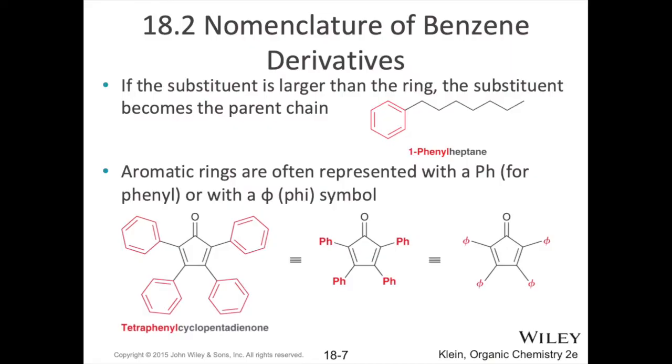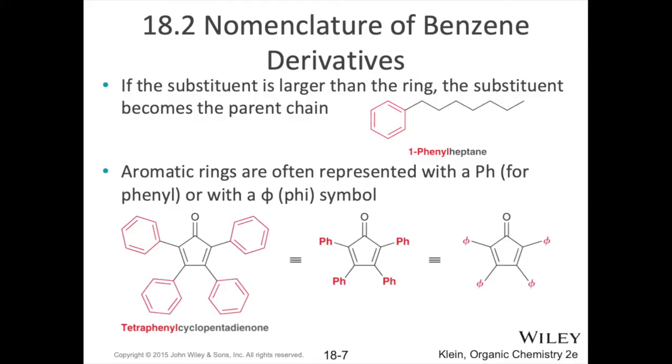Now, if your substituent is larger than your benzene ring, in other words, if it has more than 6 carbons, you can no longer use your benzene as your root word. It's the same concept we saw when we looked at other hydrocarbon nomenclature, right?